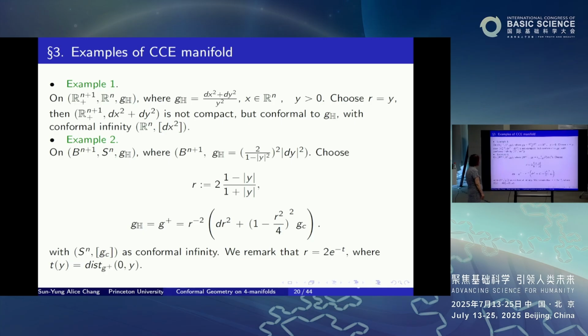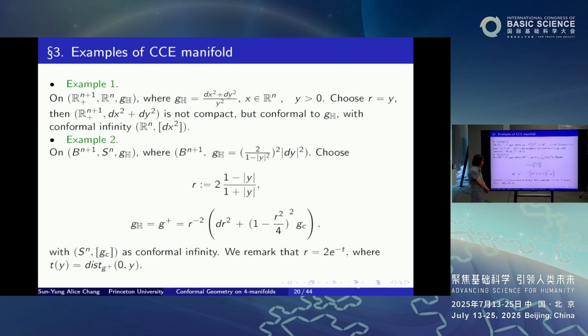And then the real example is the hyperbolic ball with sphere. In this hyperbolic ball, although the defining function r is not that obvious, it is 2 times (1 minus |y|) over (1 plus |y|^2). Writing that down, we have this hyperbolic metric. When we multiply this by r squared g_+ and restrict to r equal to 0, we get the sphere with g_c, the canonical metric.